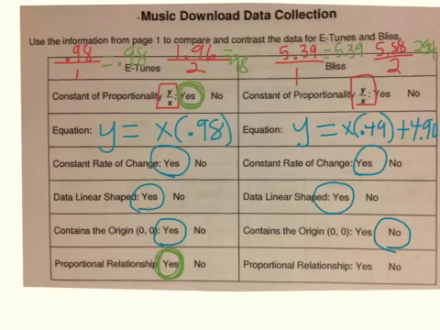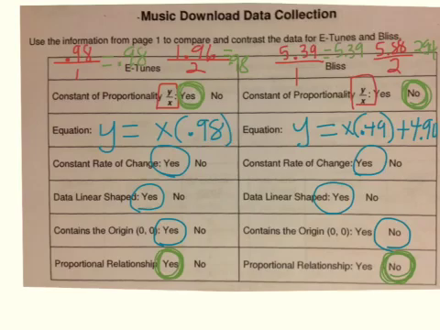I did not constantly get the same answer for Bliss, so I would say no, there is not a constant of proportionality, and if there's not that, there cannot be a proportional relationship. So I would also circle no down at the bottom.